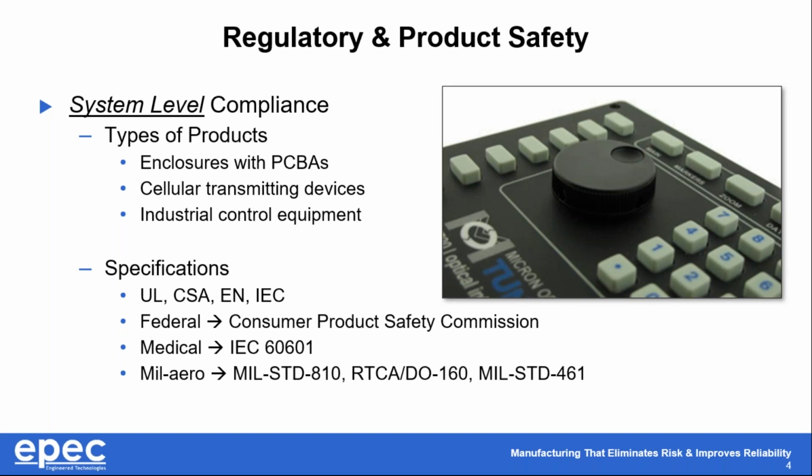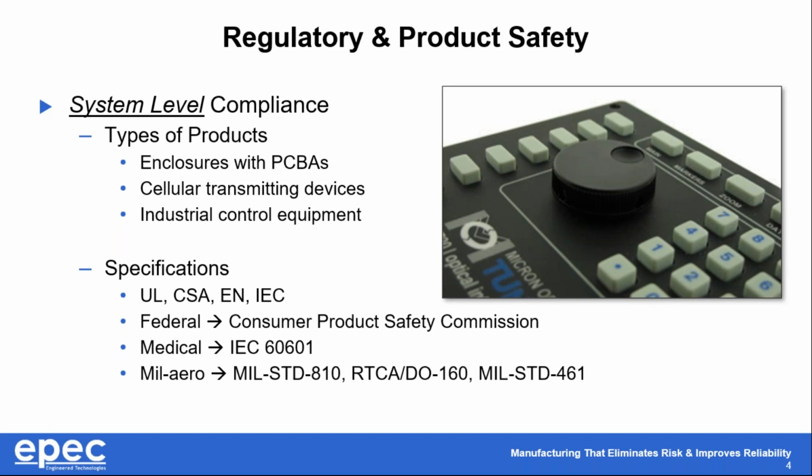Because of this, there's a variety of specifications that exist that are largely tailored to the industry that the device will be used in. For example, the Consumer Product Safety Commission is a federal standard that covers a variety of products, really focusing on child safety type of products and issues.